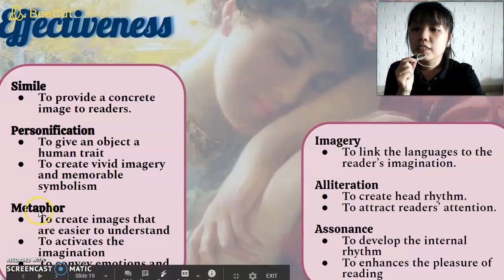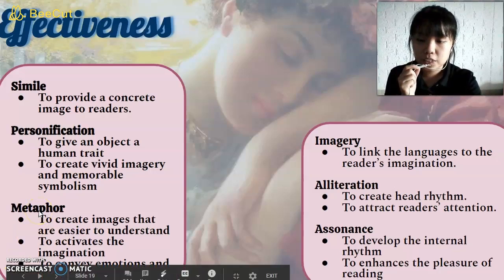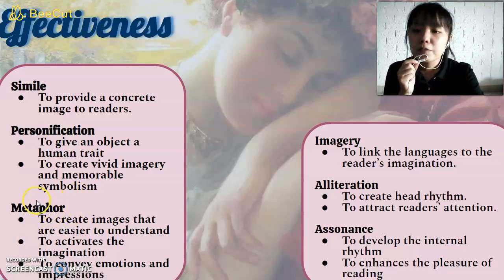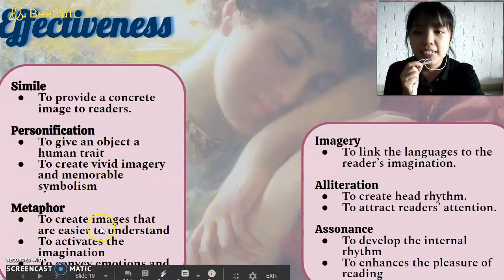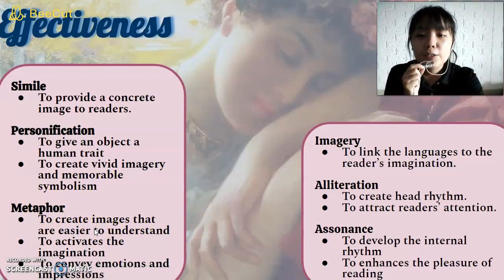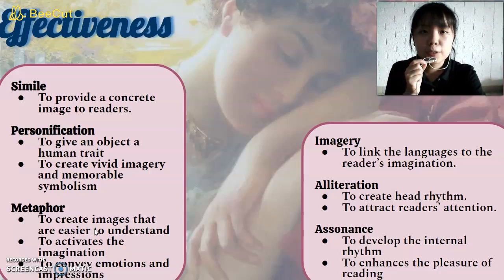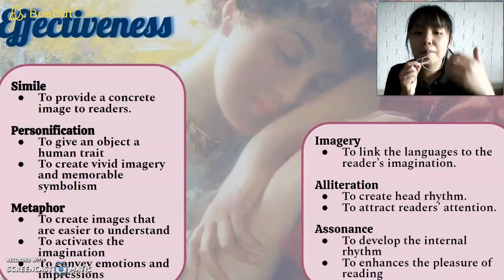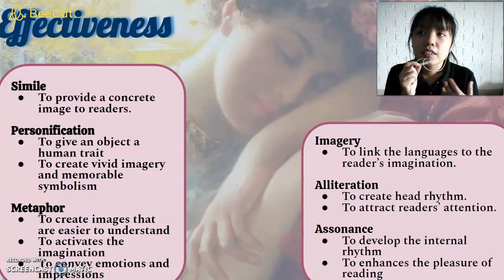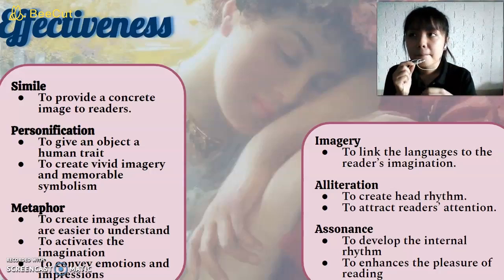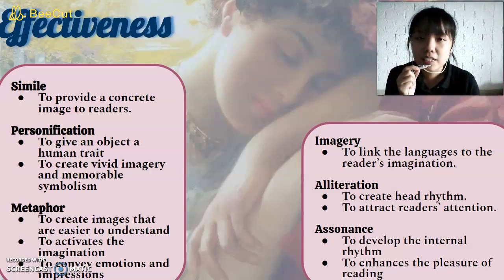Okay. The third figurative language is metaphor. Metaphor is to create images that are easier to understand, to activate the imagination, and to convey emotions and impressions. The metaphor also gives a deeper level of understanding, and the poet used metaphor to describe things that cannot be said in ordinary language.